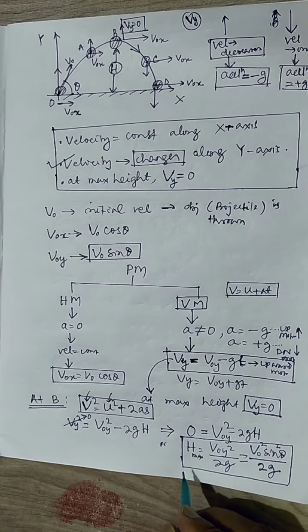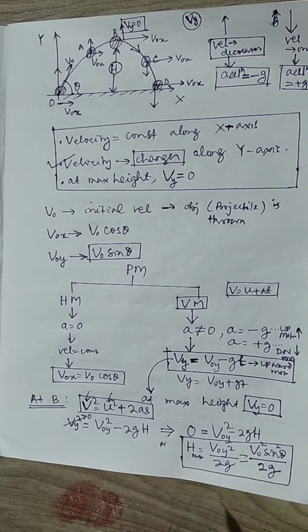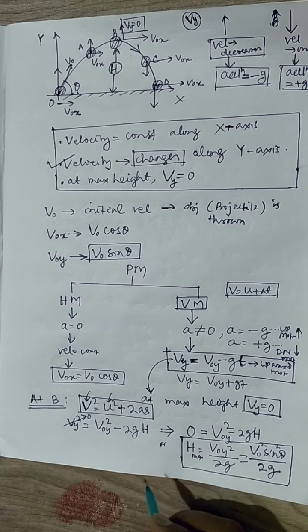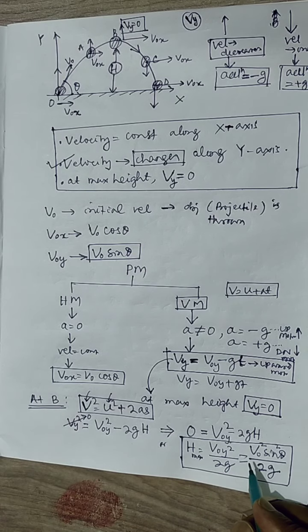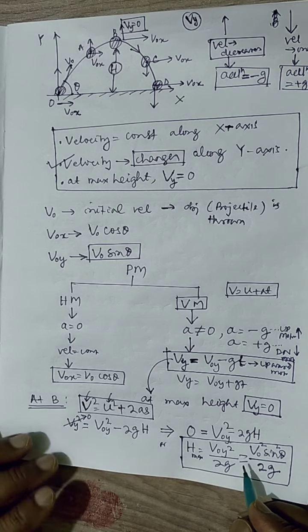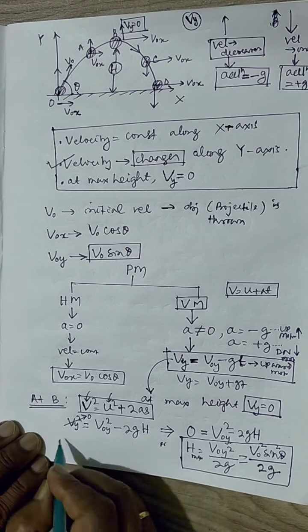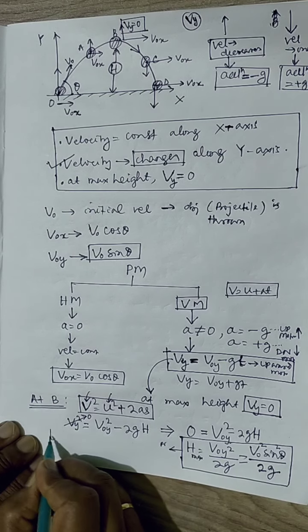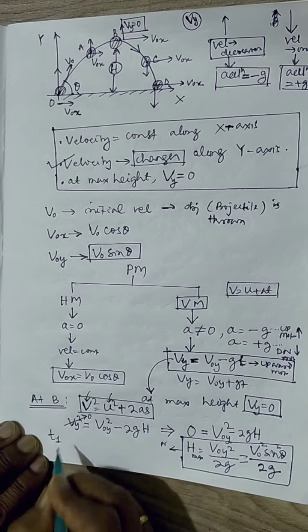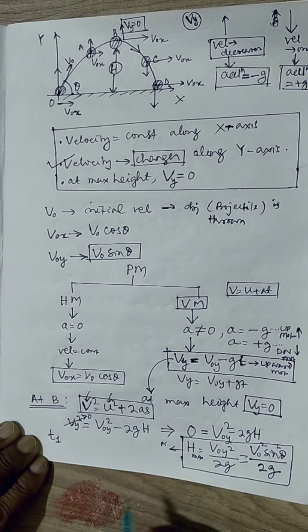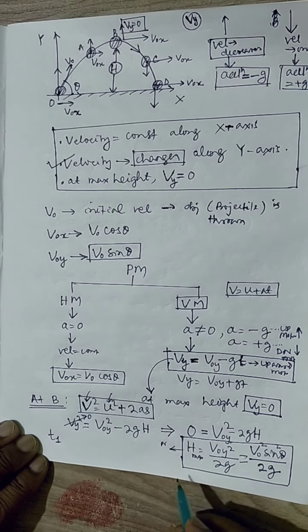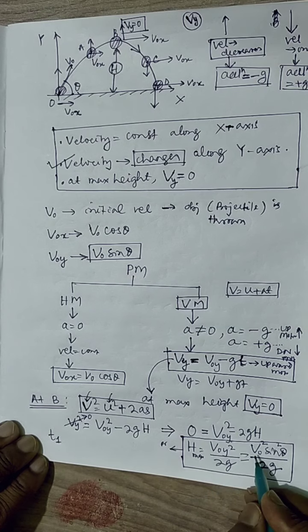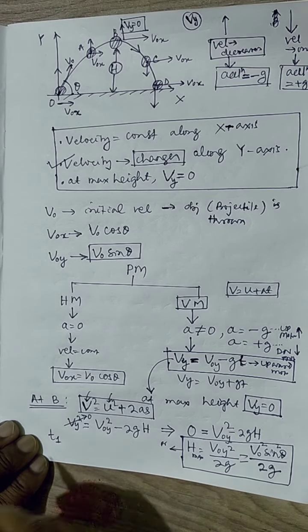Now we can calculate the maximum height it has attained after a certain time t. Suppose the time to attain maximum height is t1, then the maximum height h max is v0 square sin square theta by 2g.